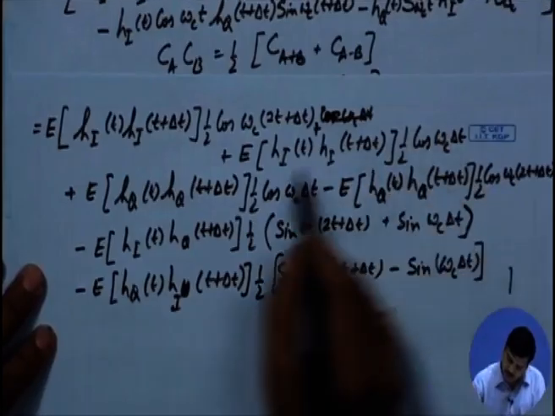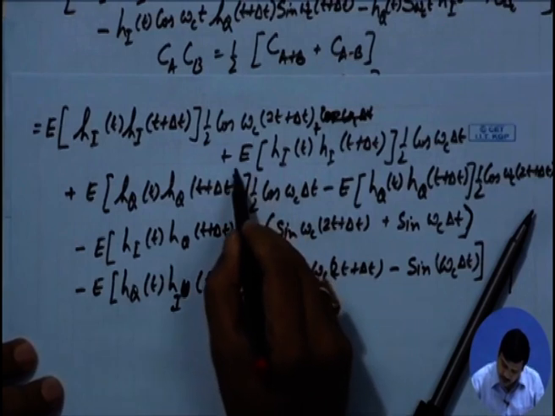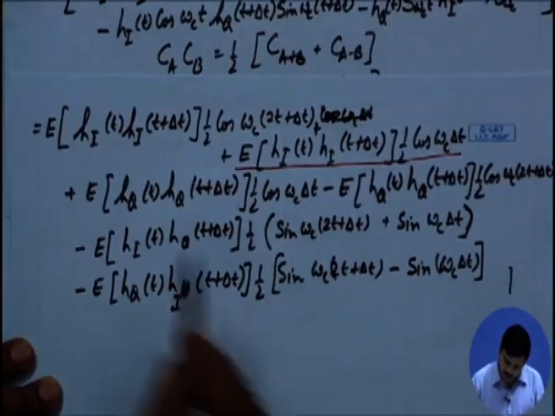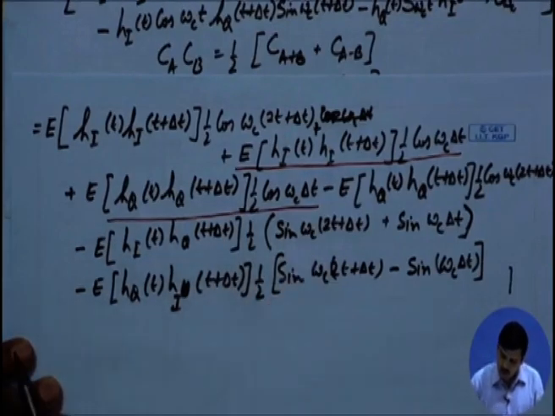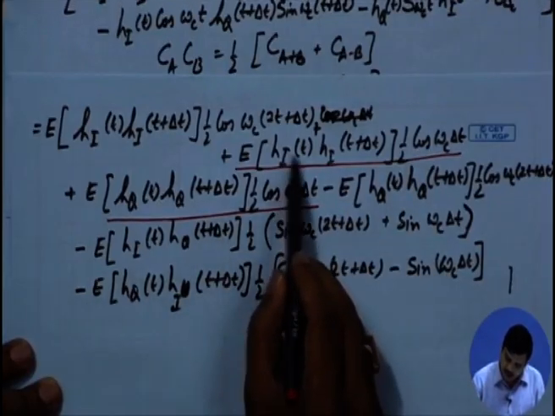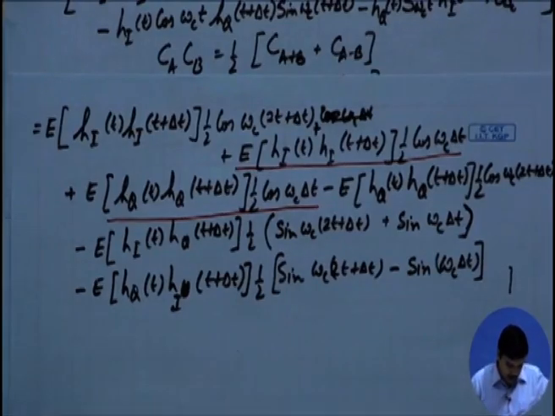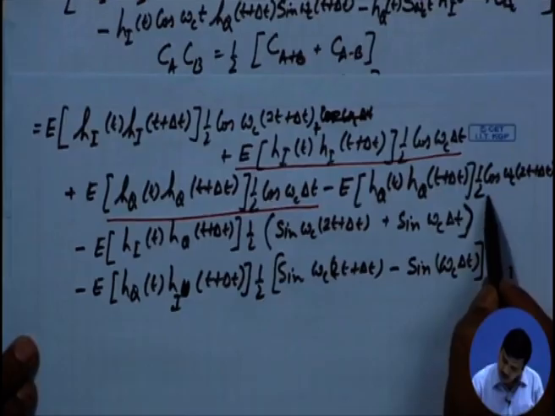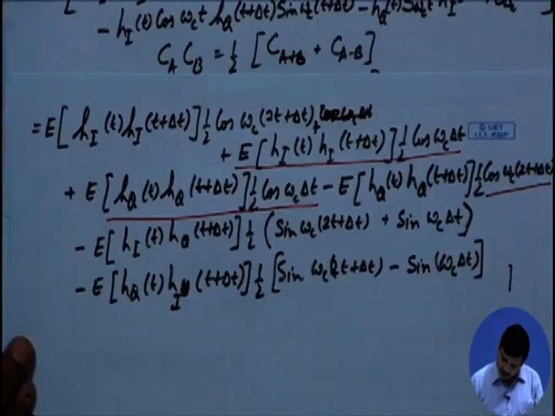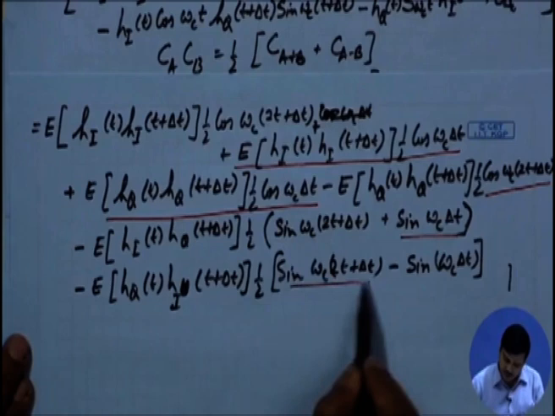That means we could collect this particular term, we could collect hi cos omega c t, and we would collect hq cos omega c delta t, because there is cos omega c delta t and there is hi of t plus delta t, and we could also collect the terms which are associated with cos 2t plus delta t. We would also collect the terms which are associated with sine delta t separately and this separately.